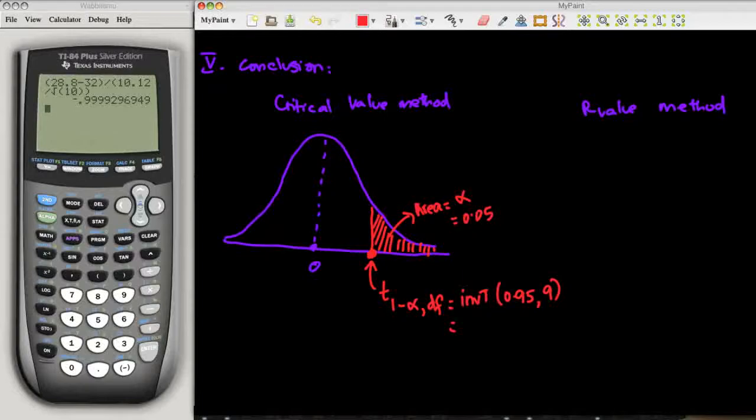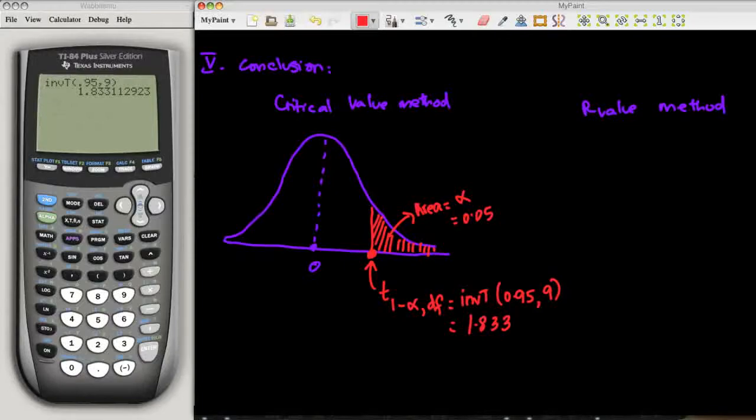So the critical value is inverse t of 0.95, comma 9, and I end up getting 1.833.